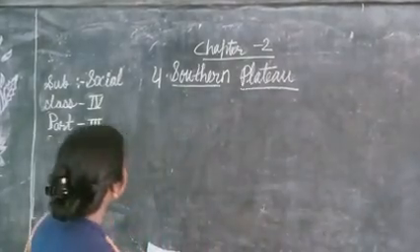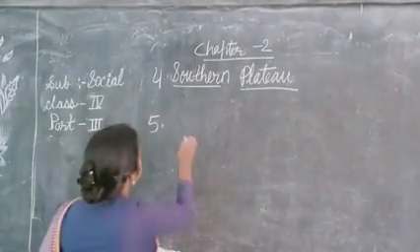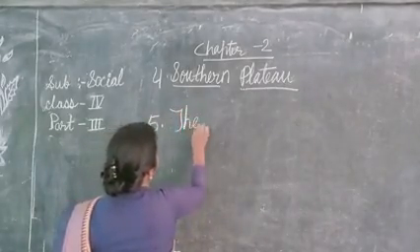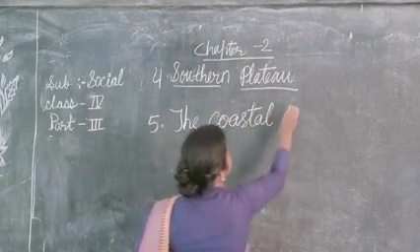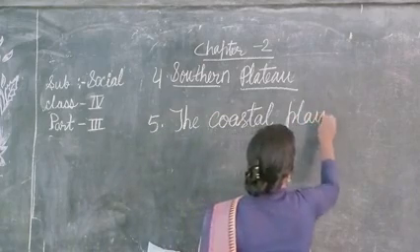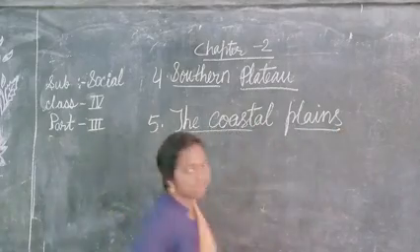Now next, number 5, is the coastal plains.